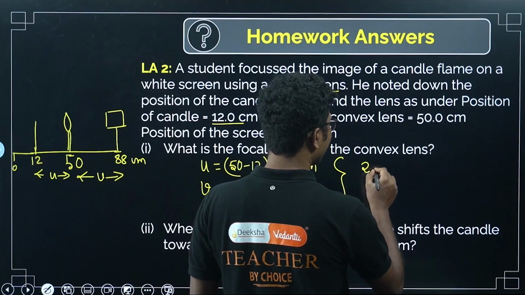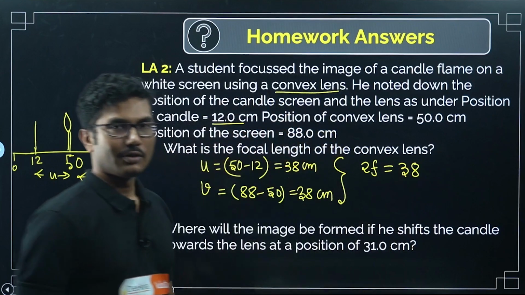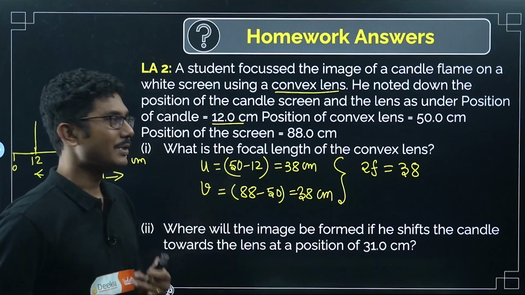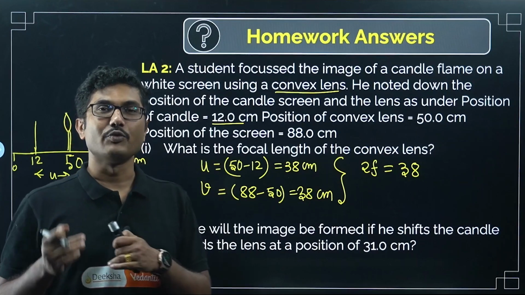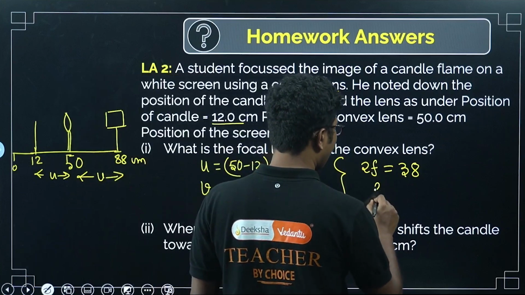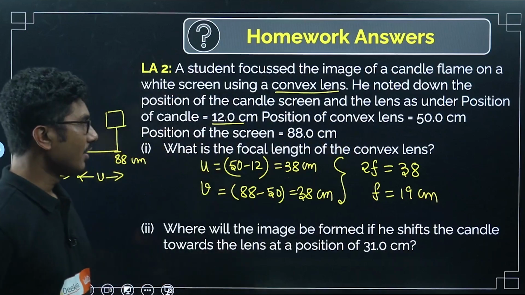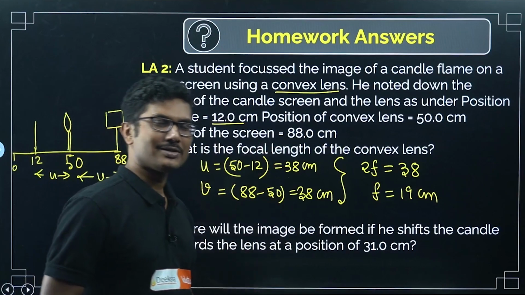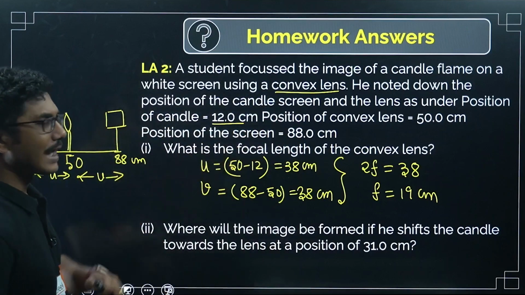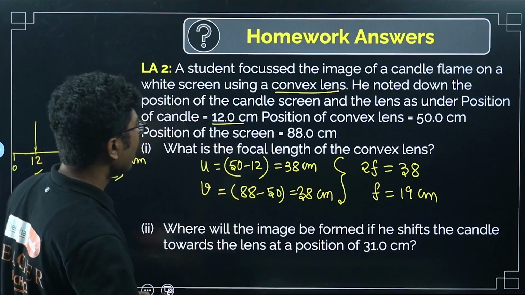This means the object is placed at 2f, that is 2f is 38, or f is equal to 19 centimeter. We don't need to use the lens equation here. If you use the lens equation also, you will get the same answer, but you can use the direct approach. It is much shorter, so you don't need to worry about it.